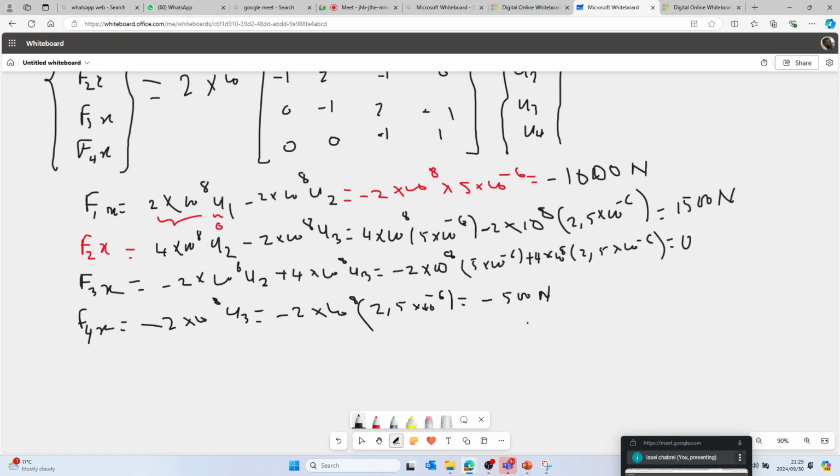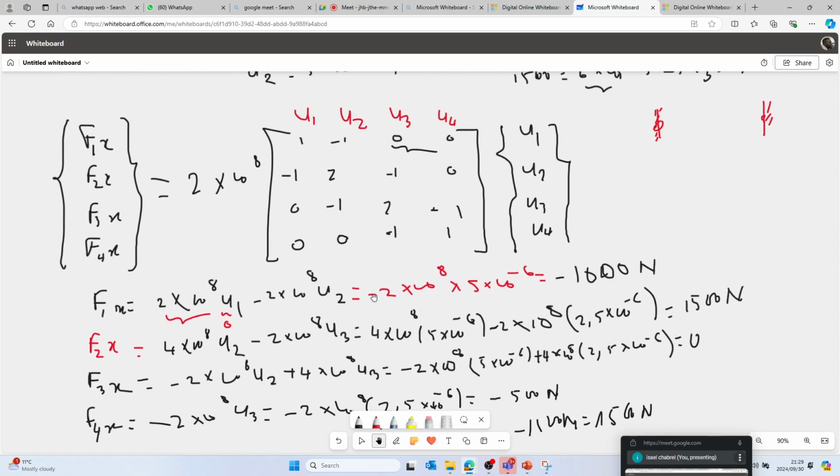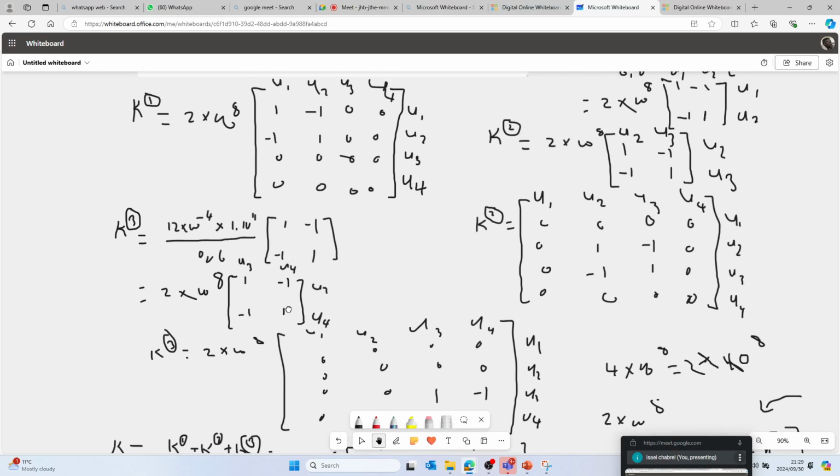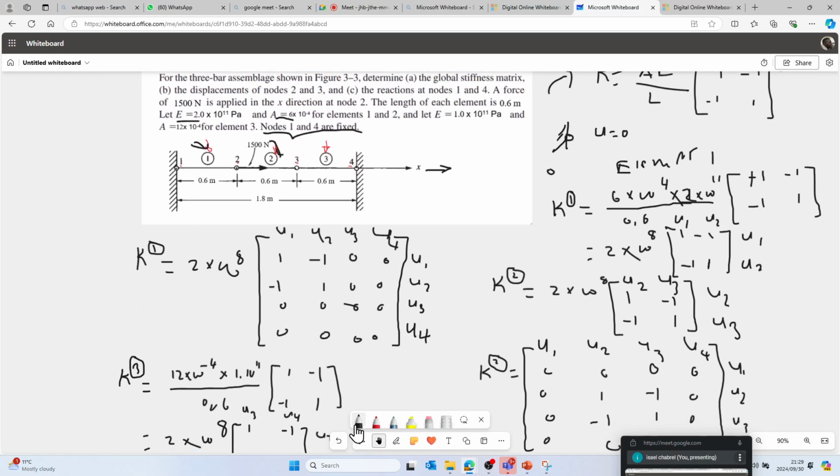If you add these two here, minus 500 Newton is the same as 1.5 Newton. The only difference, what does it mean? This one is F1, right? Negative. It means it is reacting like this. That reaction force is going in this direction, on a negative direction.